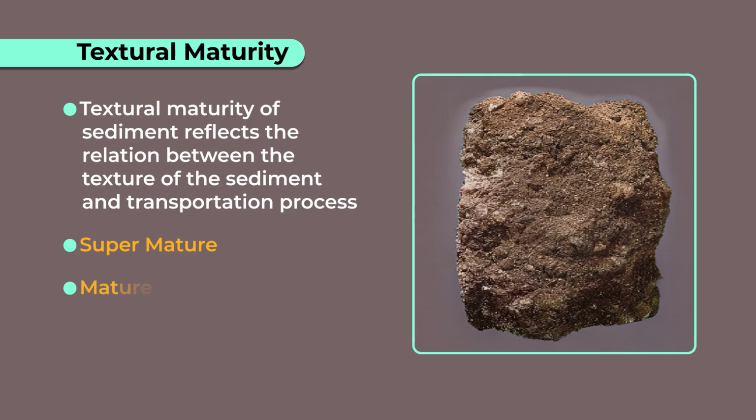Mature will have finer particles and smaller particles together, but only a small amount of finer particles. And immature is that which has only finer particles and clay particles and has no stability.